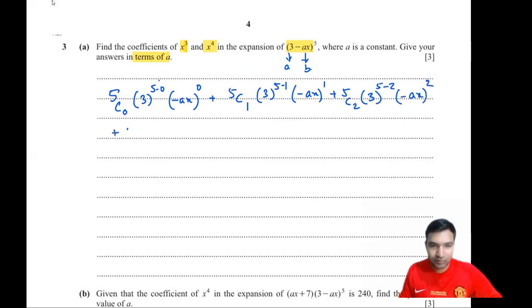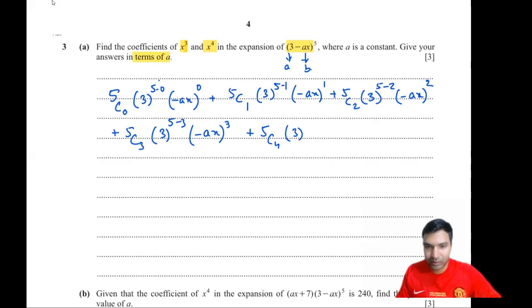And then plus 5c3, so this becomes 3 to the power 5 minus 3 and negative ax to the power 3. Okay, and I need to find x to the power 4. So plus 5c4, 3 to the power 5 minus 4, negative ax to the power of 4.